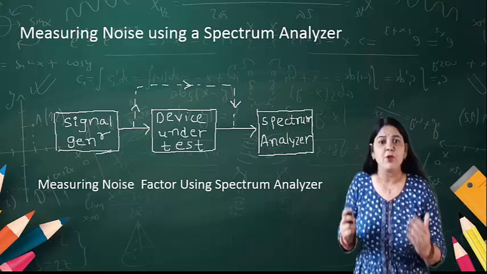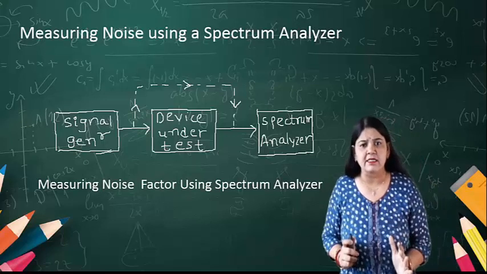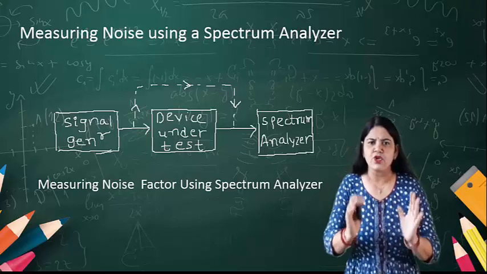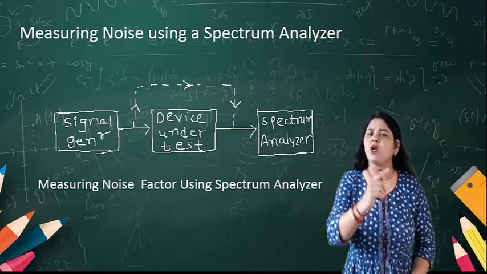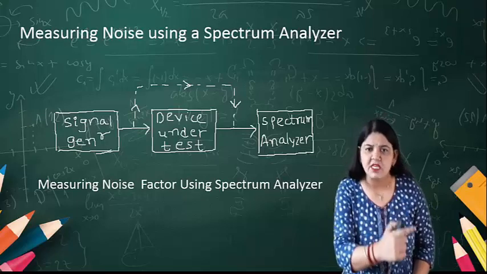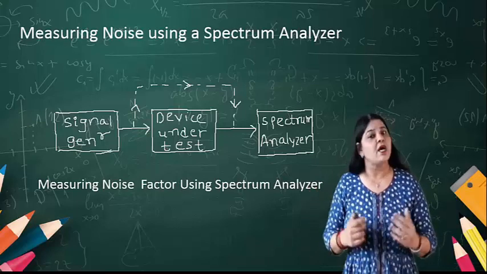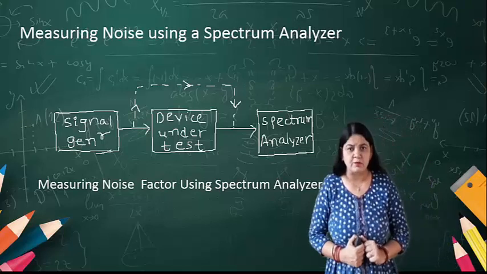Before doing the practical, you can remove the device under test and measure the ideal reading. Just connect the signal generator and the spectrum analyzer. Whatever signal comes from the signal generator is given to the spectrum analyzer, which gives you the ideal values of all the components.